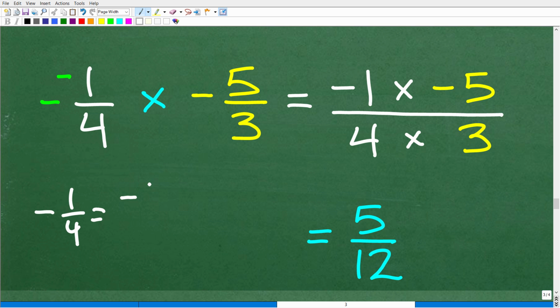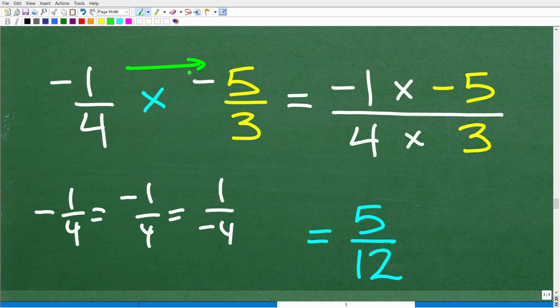Is this the same thing as negative 1/4 or 1/-4? Well, these are all equivalent mathematically, but if you want to think of the negative sign with either the numerator or denominator, I'm going to suggest putting that negative sign in the numerator. This is going to help you out in other types of problems, especially in algebra.